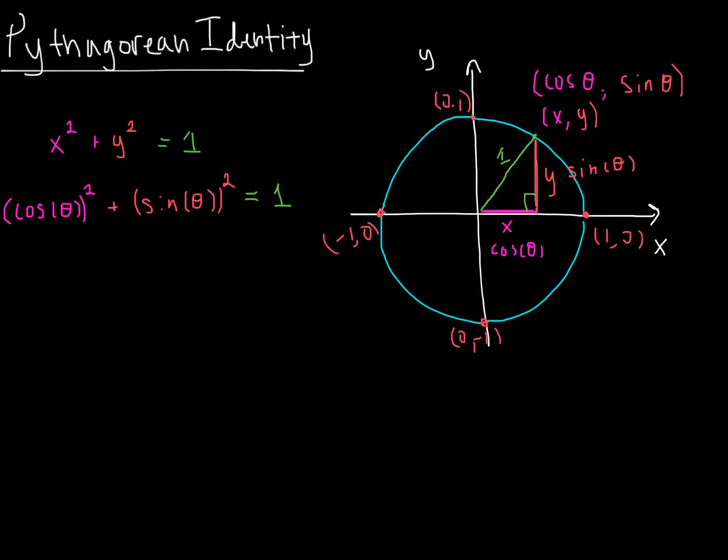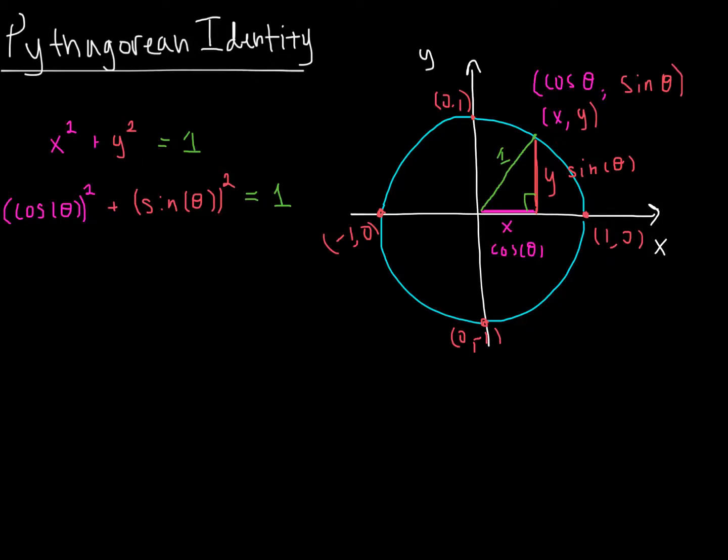So the x coordinate squared plus the y coordinate squared will always equal 1 squared, or 1. The x coordinate is defined as the cosine of theta, and the y distance is defined as the sine of theta, for the number of radians that I've rotated around my unit circle.